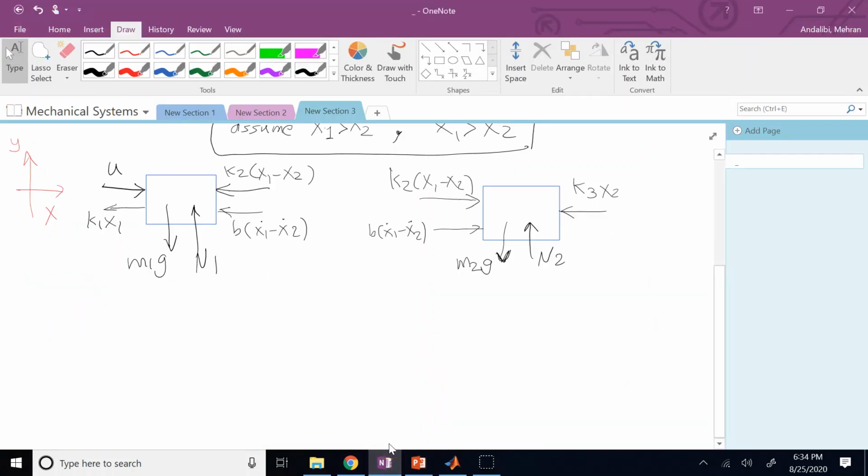So if I write my equation for the X direction here, for object M1, what do I get?